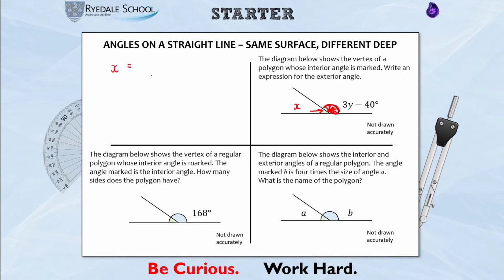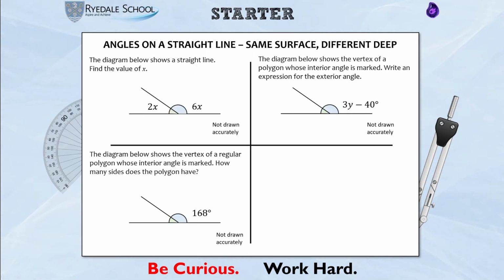I can work out x by doing 180 take away the angle that I already know, which is 3y take away 40. So this becomes 180 take away, this is like multiplying this bracket by -1. So it becomes minus 3y, and subtract -40 becomes a plus 40. And I can add these two numbers together. So it is 220 take away 3y.